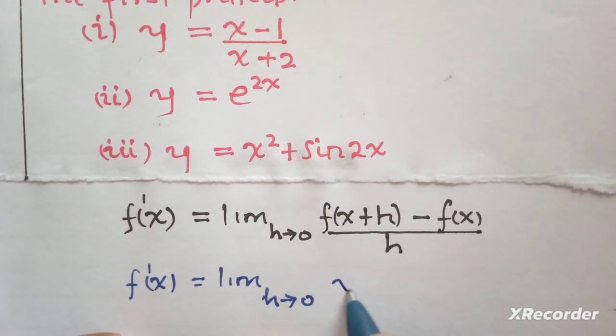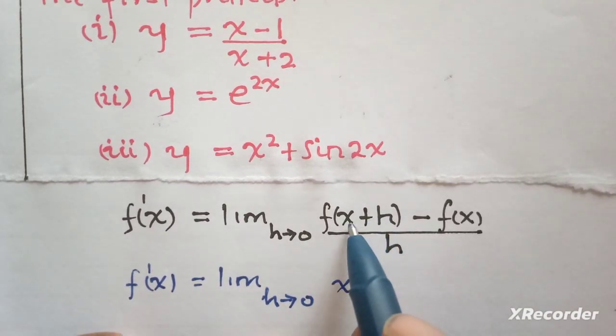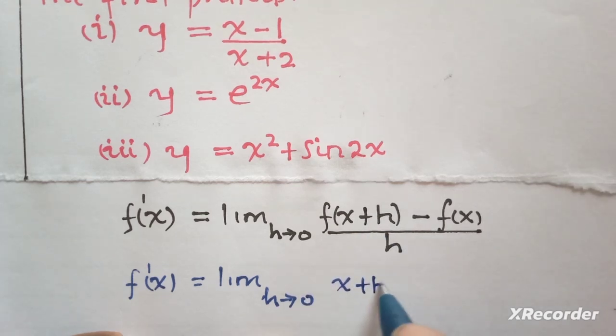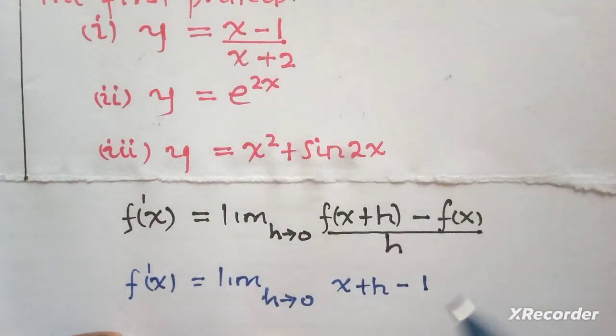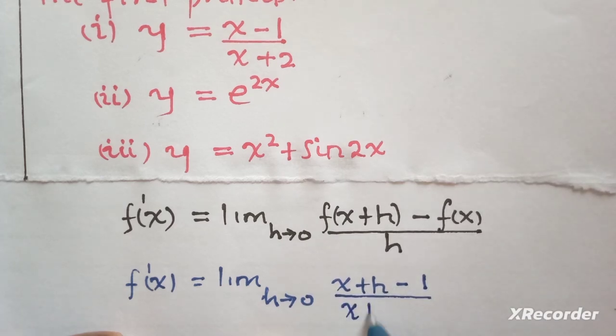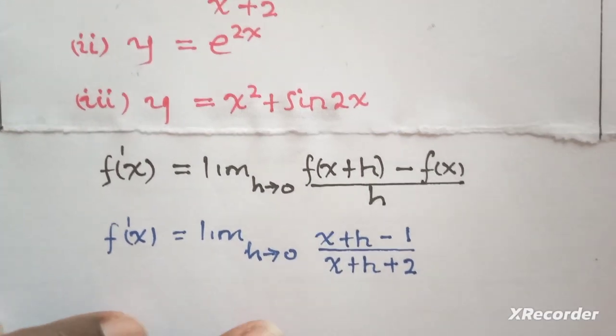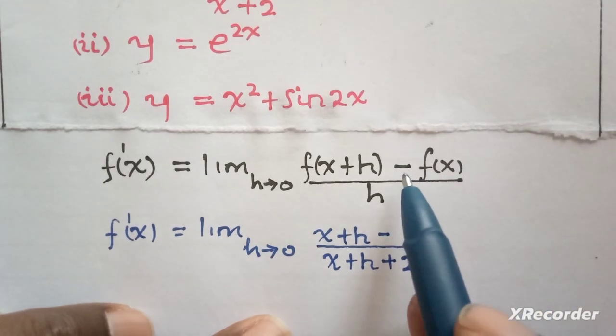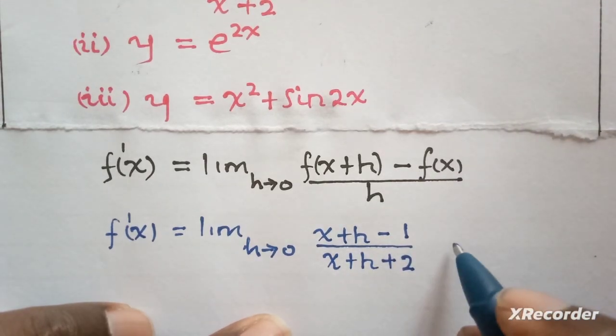I now come to this question and write x. After writing x, just as I have written plus h, I'll come and write plus h. Now minus 1. Then I come to this other one, I'll write still the same. x plus h plus 2. Like that. So from there, I am supposed to take away.